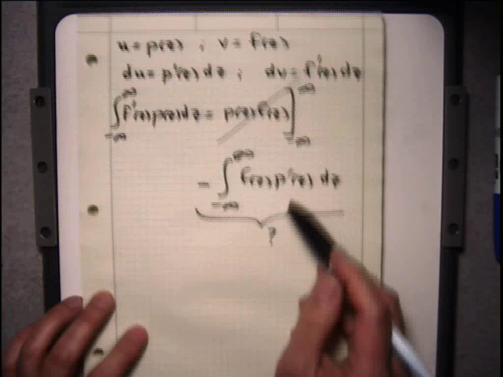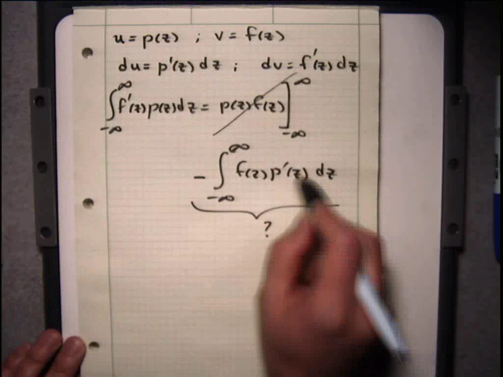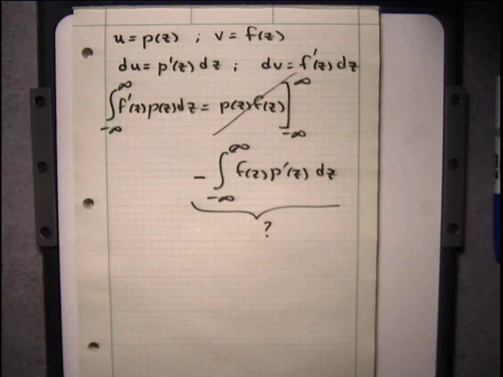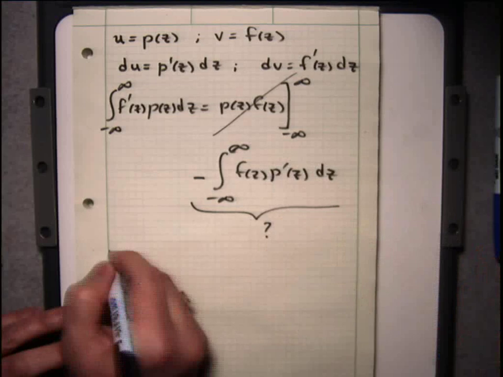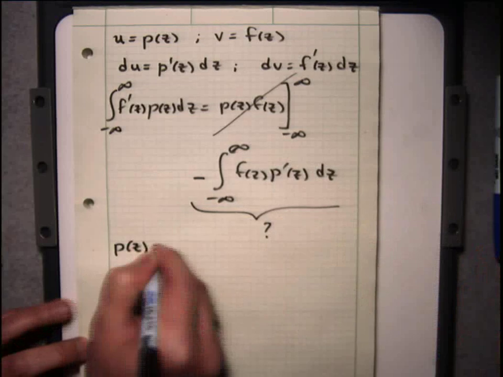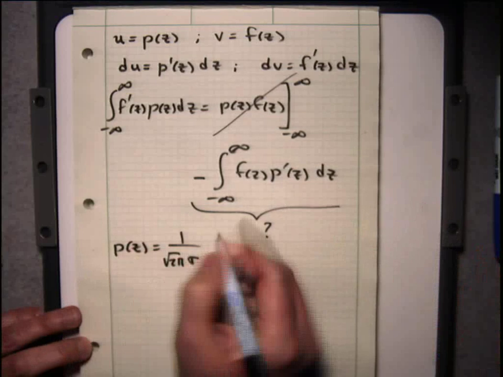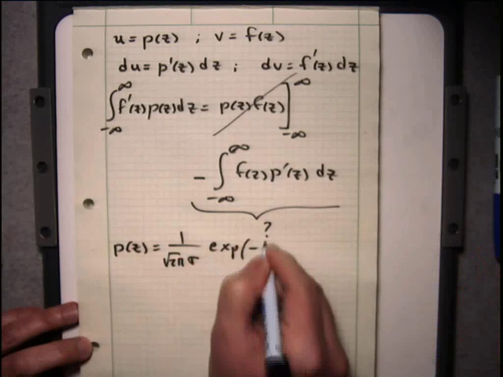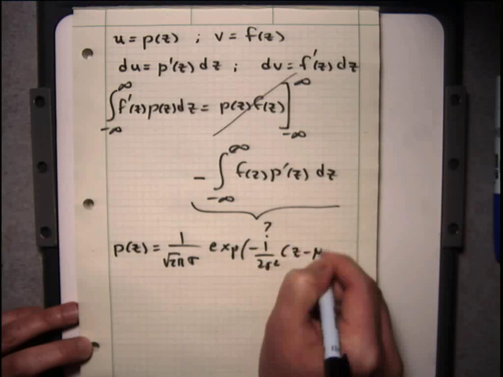What's true is that this p of z is a Gaussian, so we know how to calculate p prime of z. It's easy. p of z is 1 over square root of 2 pi sigma times the exponential of minus 1 over 2 sigma squared times z minus mu squared.